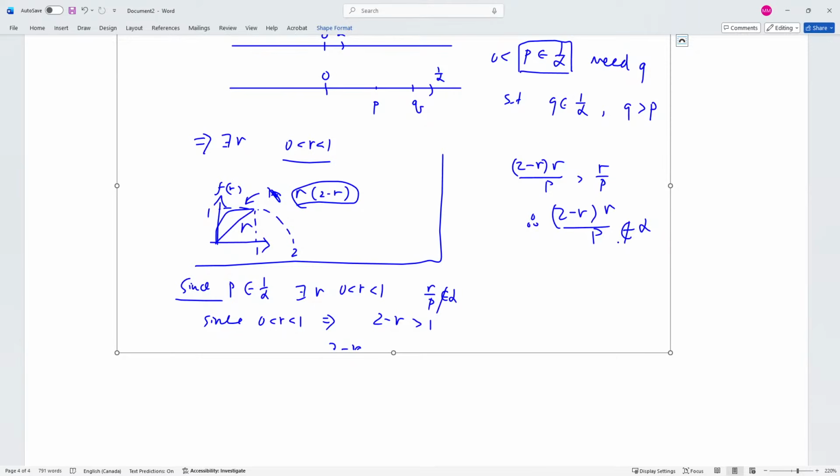Well, what does that tell us? Here we have 2r over p, and I want this to be 1 over t, but here t is equal to p over 2 minus r, and this is less than p.